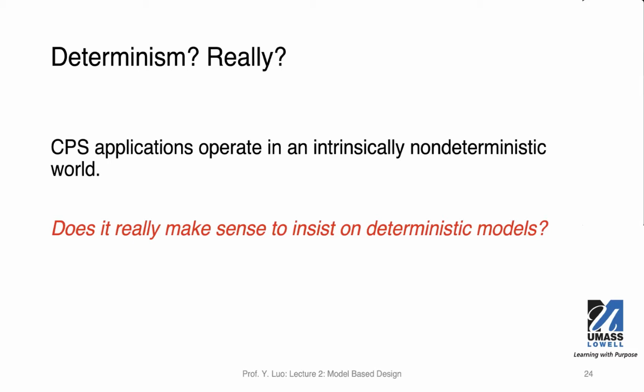Your embedded system should respond to such events. And this is the world. It's intrinsically non-deterministic. So if that's the case, does it really make sense to insist on deterministic models still? That's a good question.